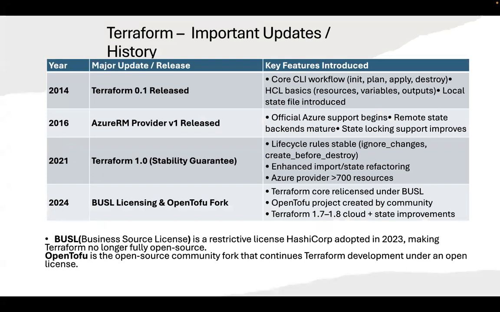Next, coming to the history of Terraform. Back in 2014, the first release happened, that is Terraform 0.1, and it contains core CLI workflows like Terraform init, plan, apply, destroy.